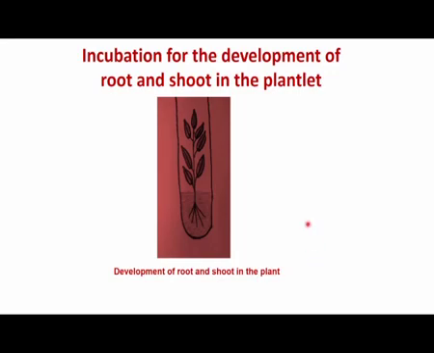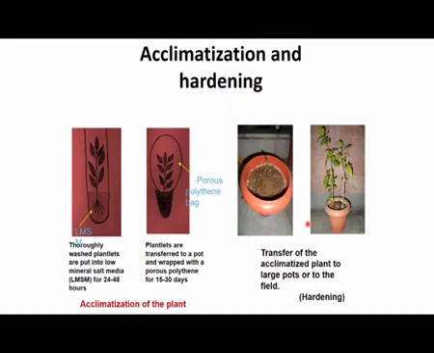And then you can take the tiny plantlets which you have developed in a test tube and put them into a pot, and you can cover this with polythene, since the plant is still not good enough to get its own immune system working to fight the foreign pathogens and other things. So you initially want to help the plant to get acclimatized.